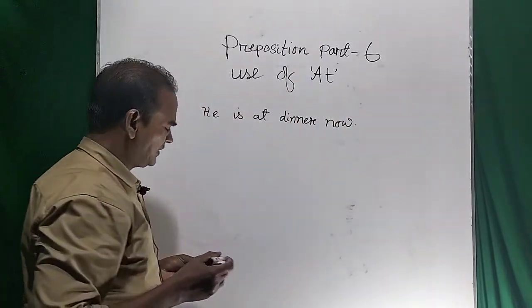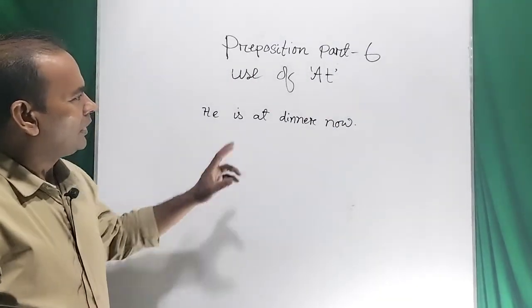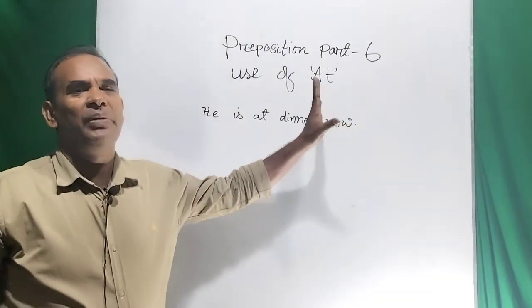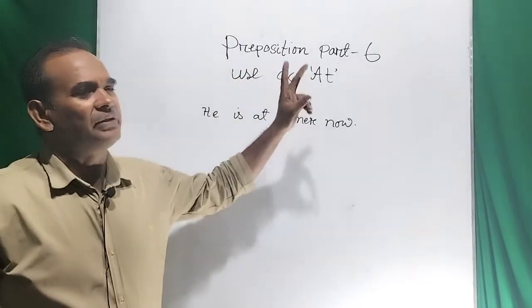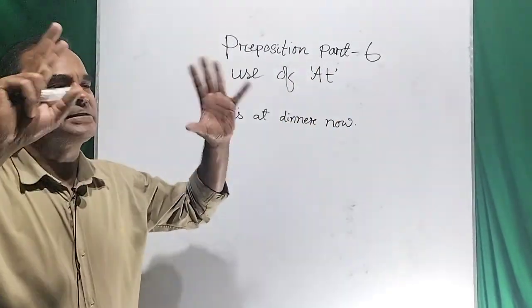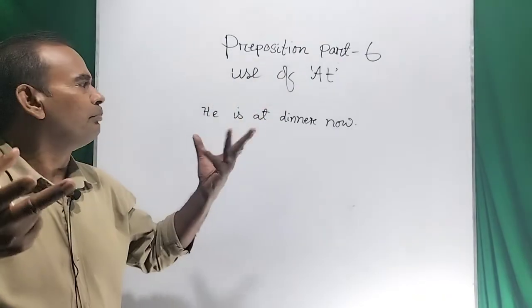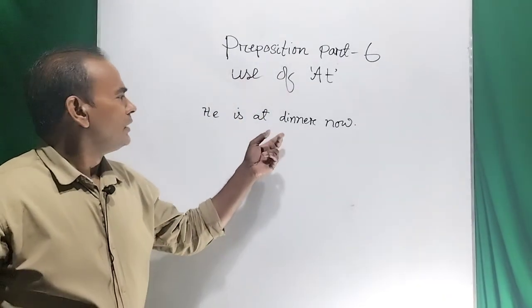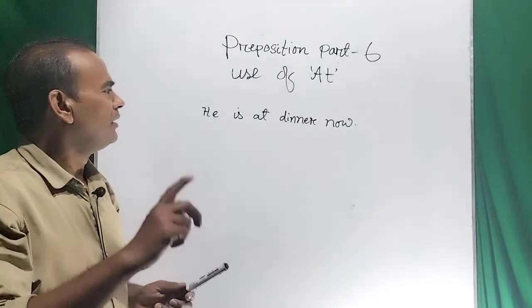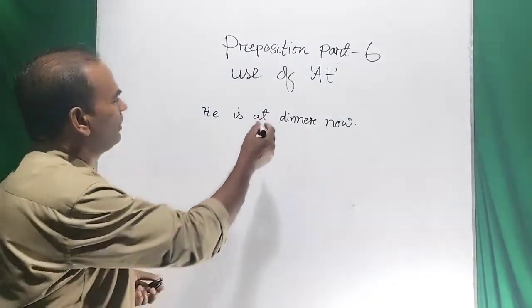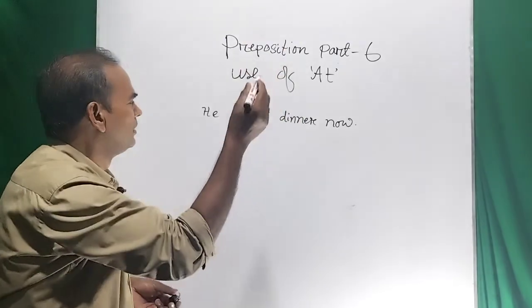Dear viewers, you can see at dinner now. This means the meal time. That means at this time somebody takes his or her meal. He is at dinner now. This is the meal time, and before that meal time we can use at.